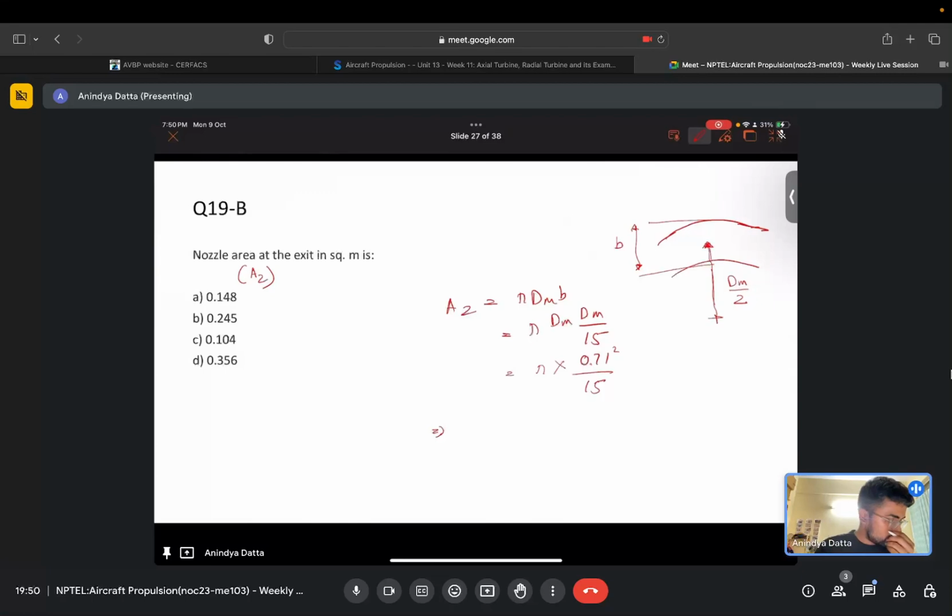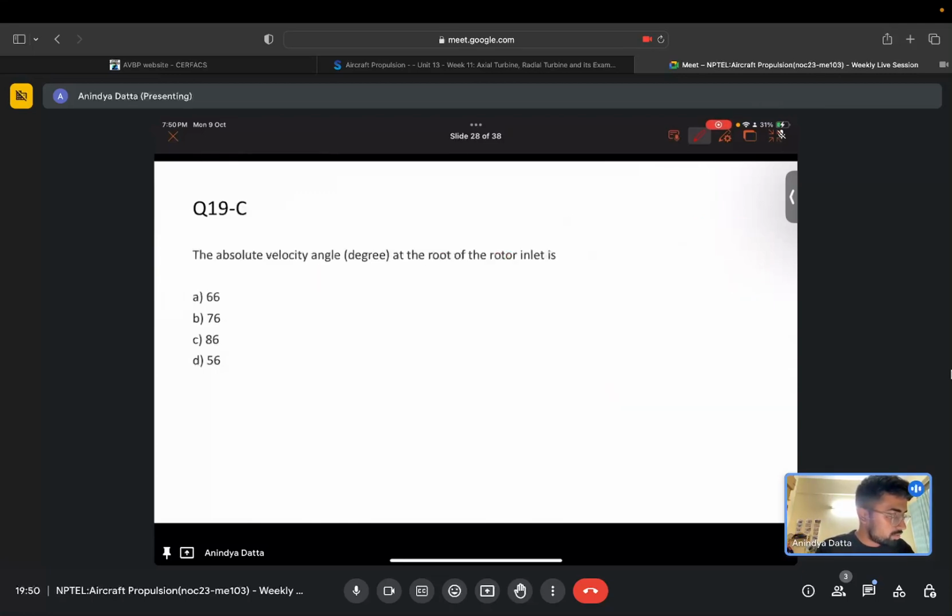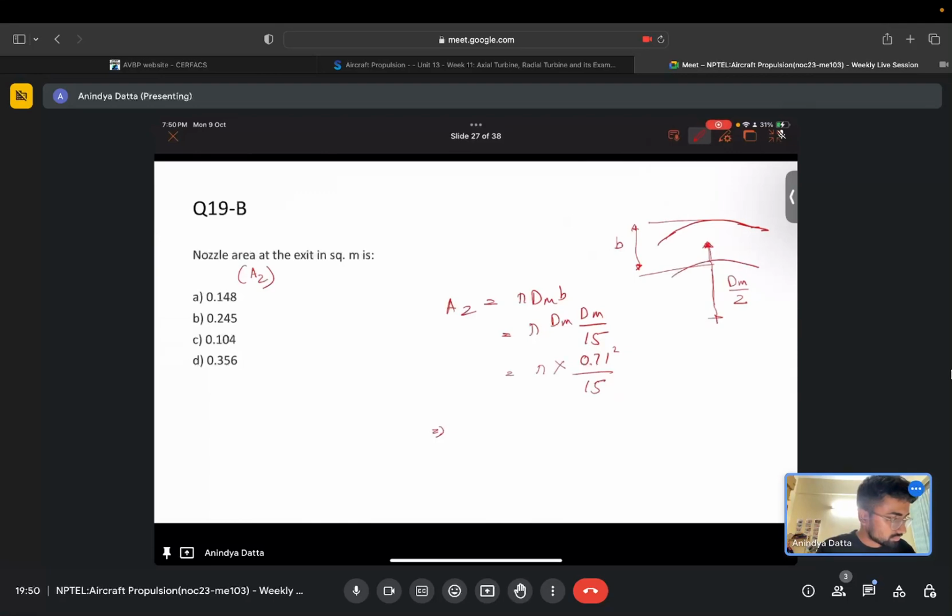One thing you can do is, let's say this is your root diameter dr by 2, and this is dt by 2.